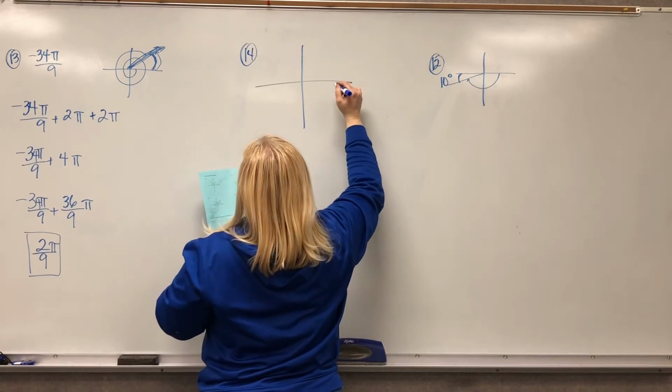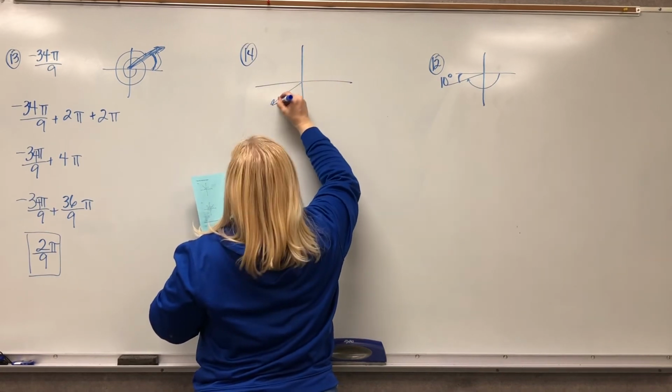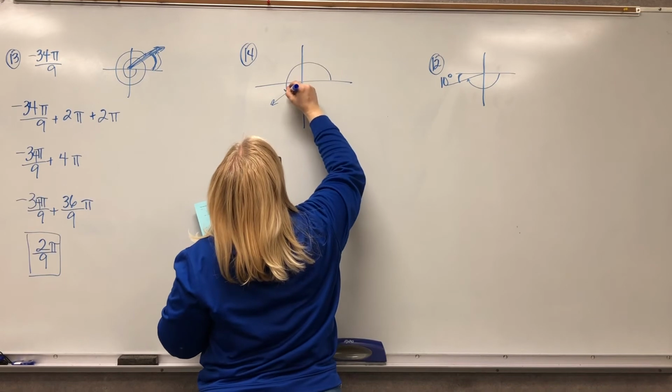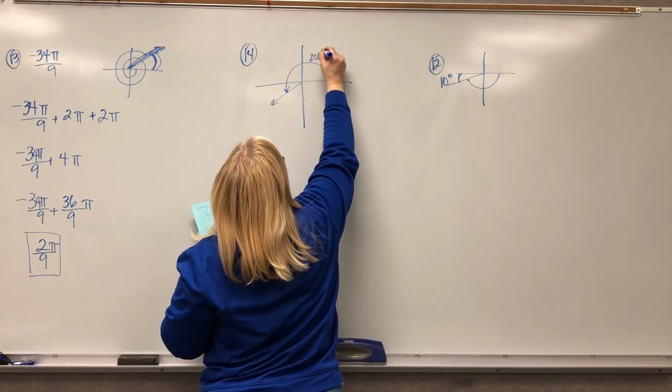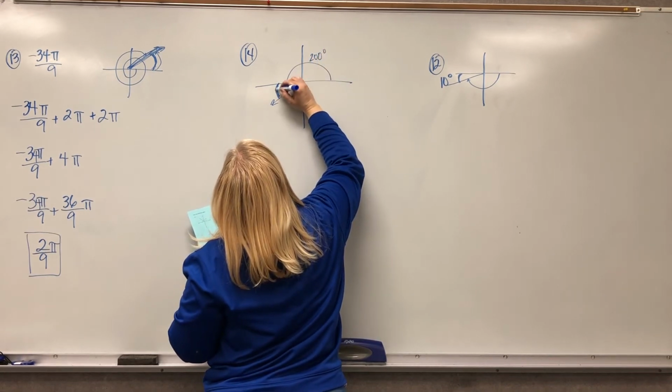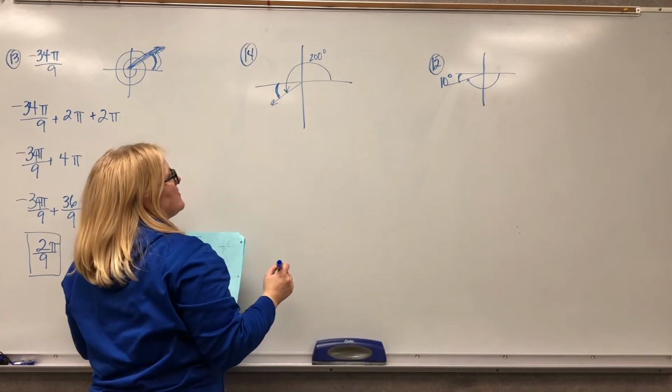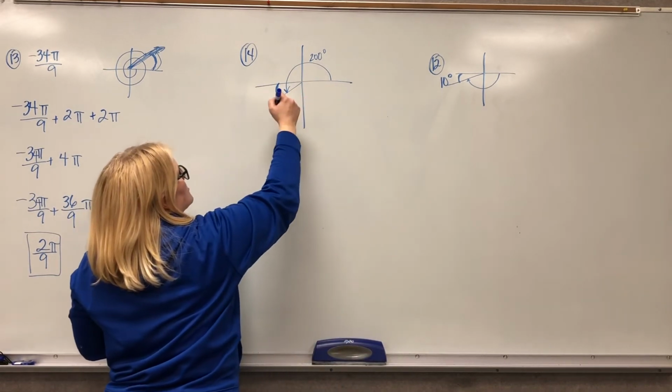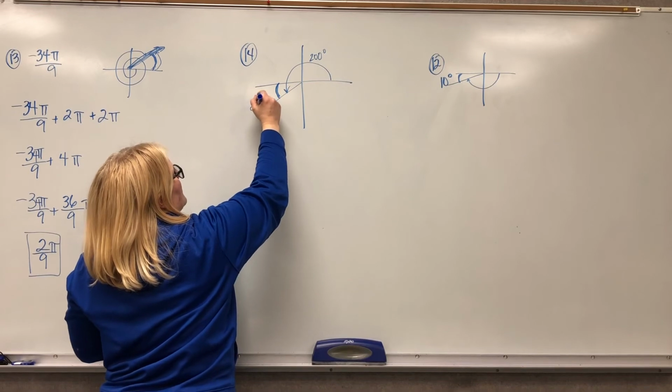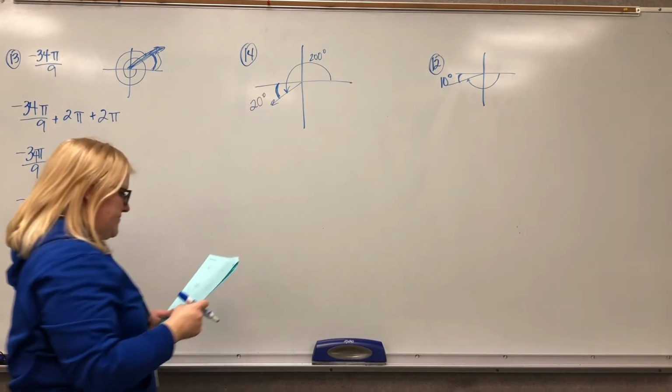Number 14, they give you 200 degrees. That one's a little bit easier. You're going to need to backtrack a little bit to get to the x-axis the quickest. And this is 180, so 200 minus 180 is 20 degrees.